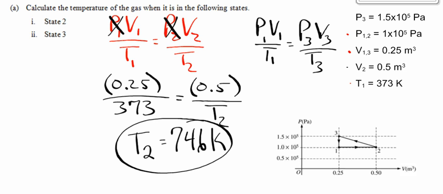Now, we just said that the volume remains the same, so in this case, we can take out the volume. And we're left with P1 over T1 equals P3 over T3. You just plug in your information. At P1, I know the value, and because of room here, I won't write it out, but when you solve for temperature 3, you end up with 560 Kelvin.